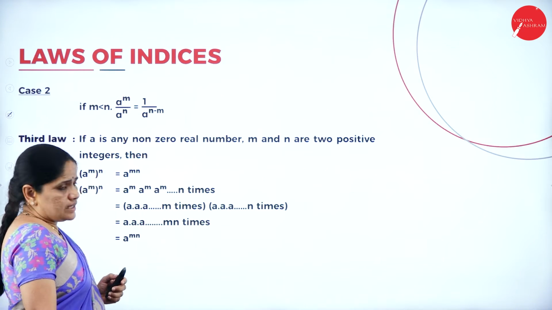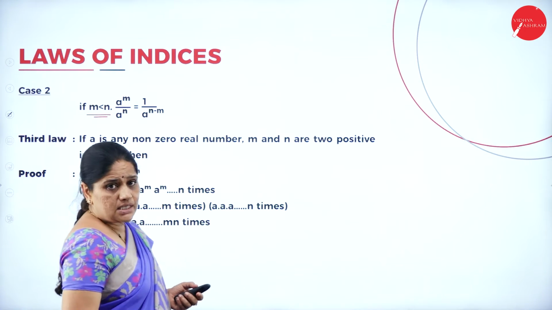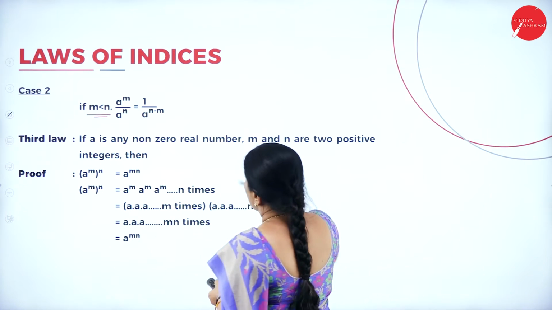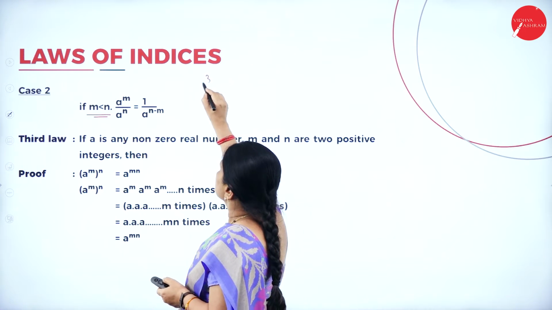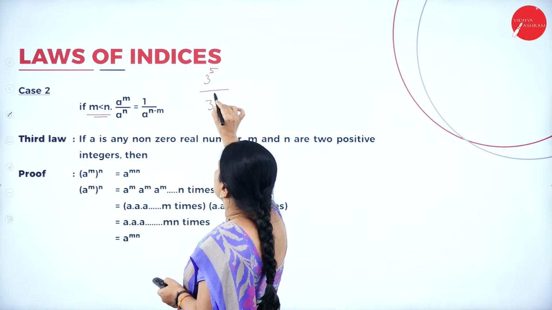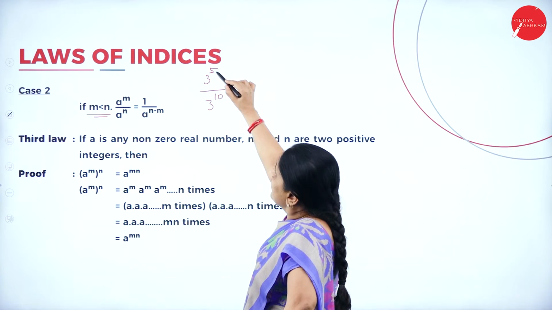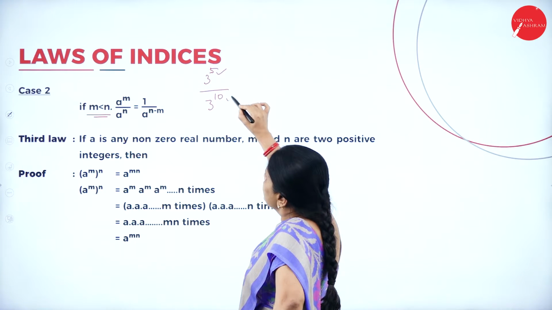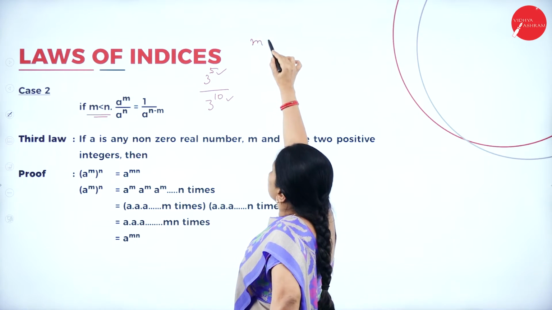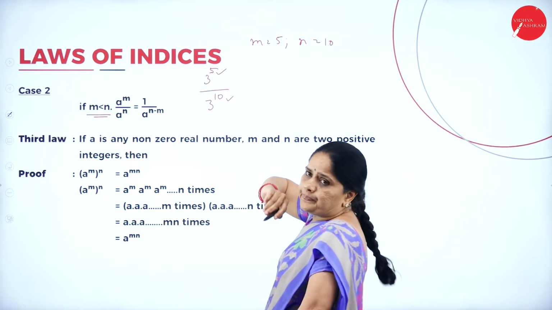Now the next: if m is less than n, then what will be the answer? I will give you an example. 3 to the power of 5 divided by 3 to the power 10. Now here m is less, n is more. Here m equals 5, n equals 10.